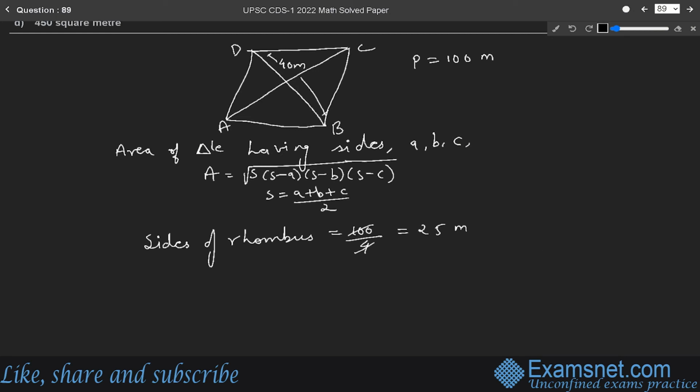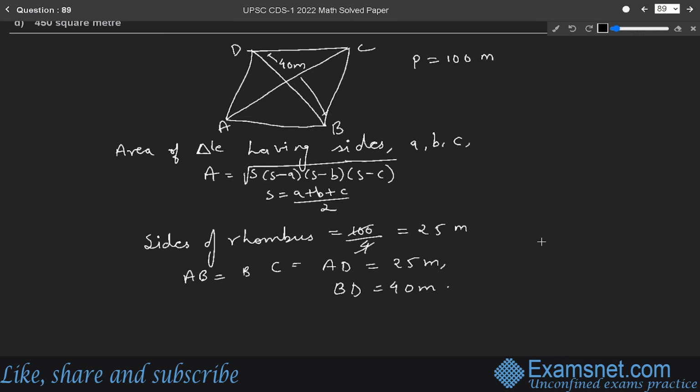So we can say that AB is equal to BC is equal to AD is equal to 25 meter, and a diagonal is given which is BD, which is 40 meter.